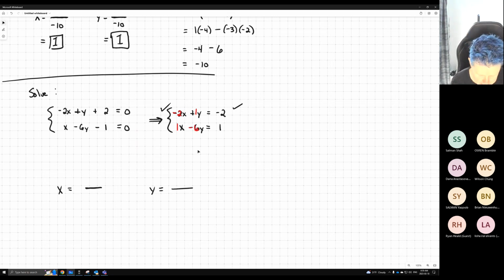And then on the right side, we have -2 and 1. So del will be the determinant of that left-hand side coefficient set.